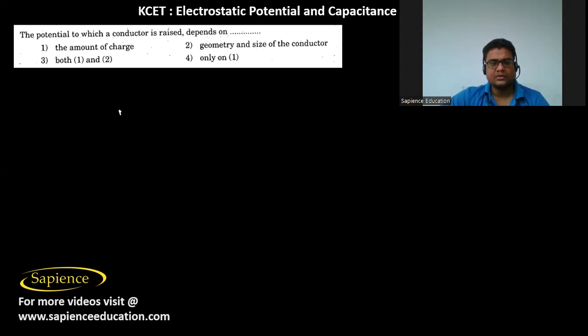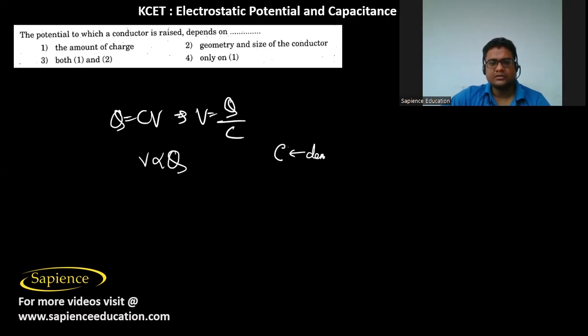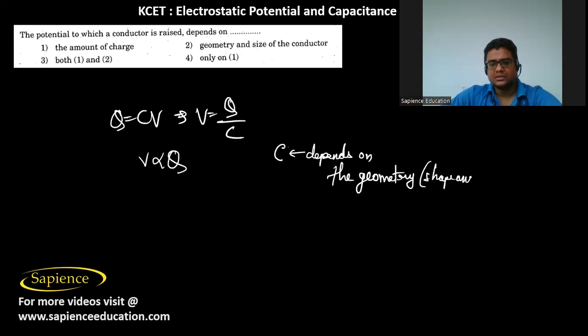Here you know that Q equals CV, so V equals Q by C. The potential will depend on the charge, since V is proportional to Q, and on the capacitance, which depends on the geometry and size of the conductor.